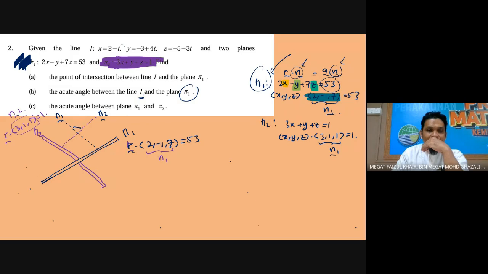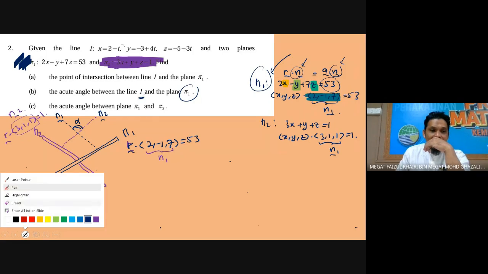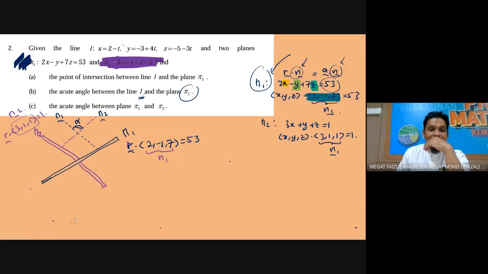So there's an angle between them. This is the one that we're going to use. So class, when we talk about intersection or angle between two planes, our reference is the normal of the plane.